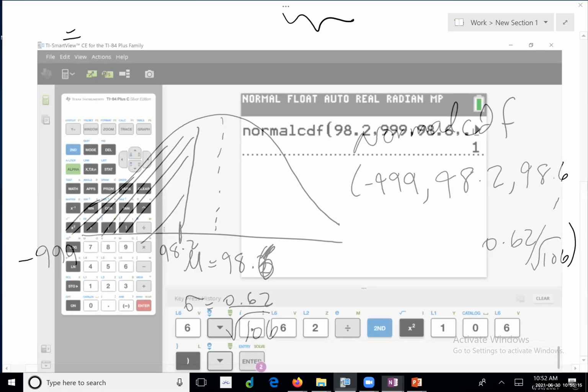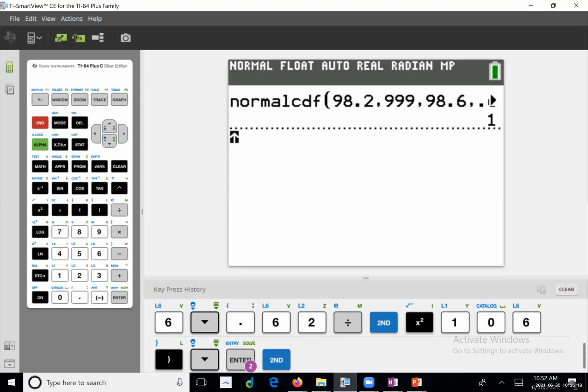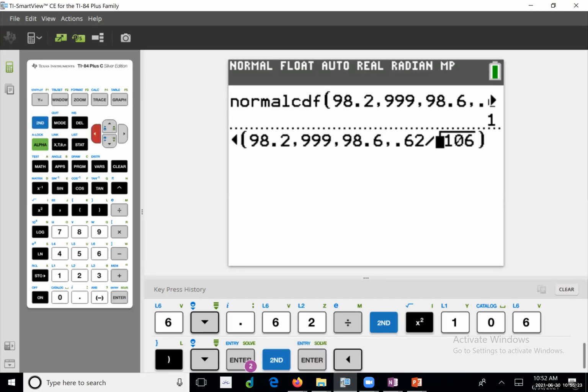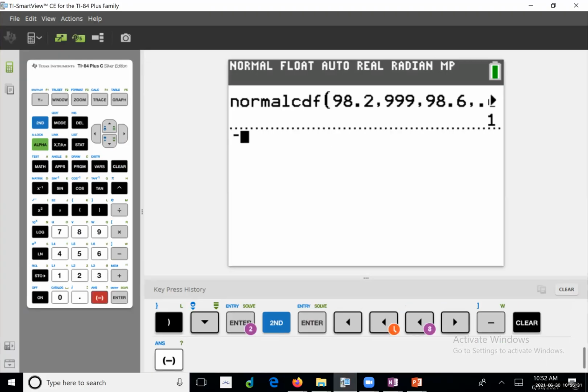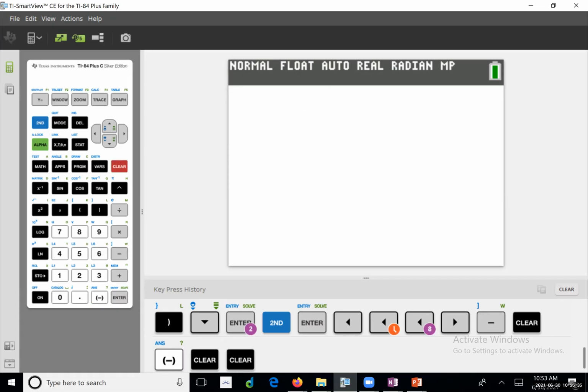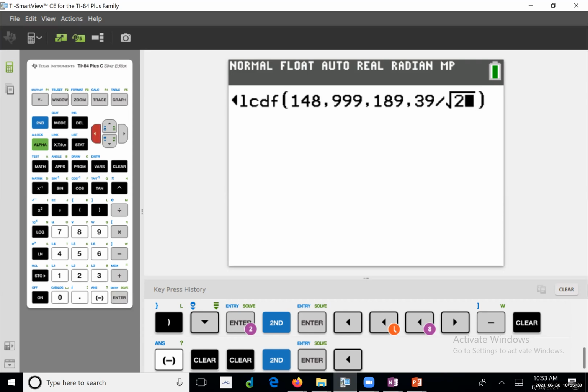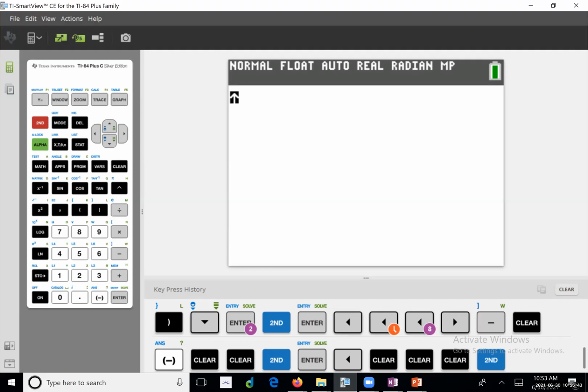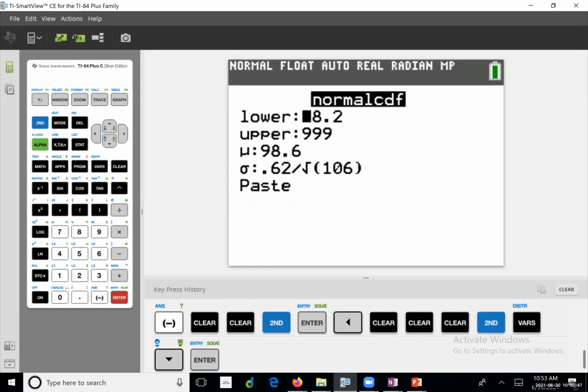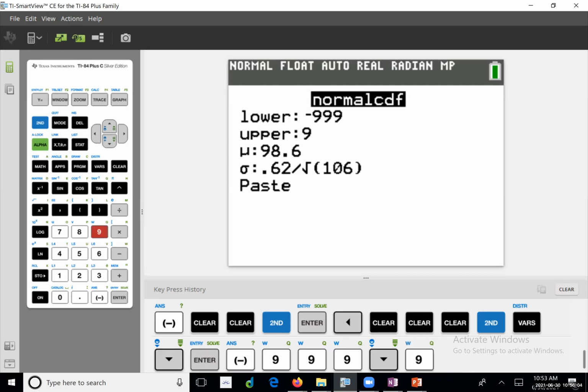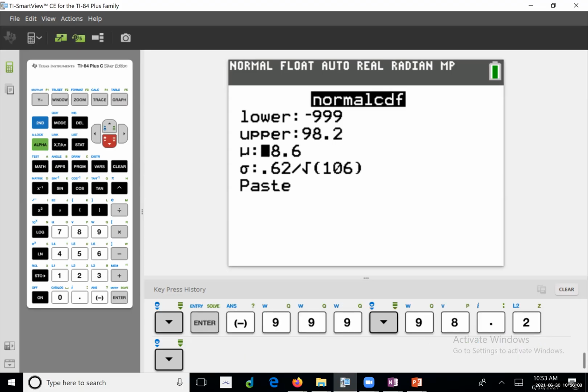Now putting it in our calculator: second vars, normal CDF, lower negative 999, upper 98.2, mu 98.6, 0.62 over root 106, and then paste.